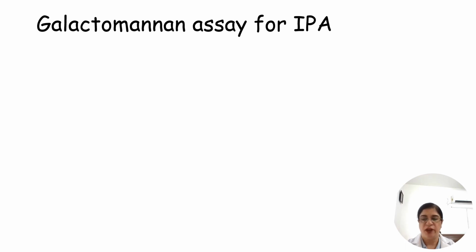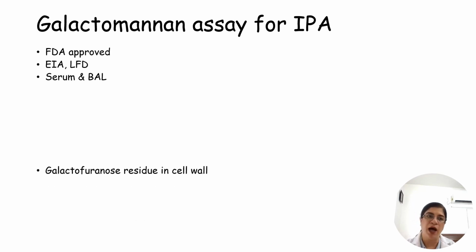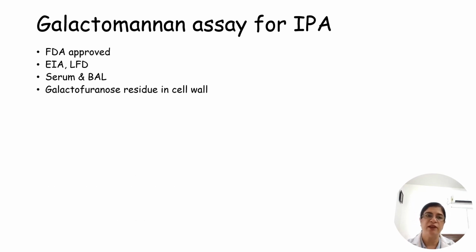Galactomannan assay for invasive pulmonary aspergillosis has been approved by FDA because of its rapidity of test, and now a lateral flow device has become available in the market, and it can be used on both serum and BAL. It detects galactofuranose residue which is present in the growing hyphal tip, and it detects the invasiveness of the infection.